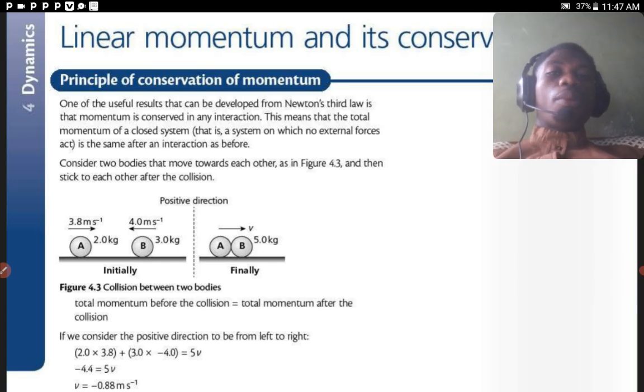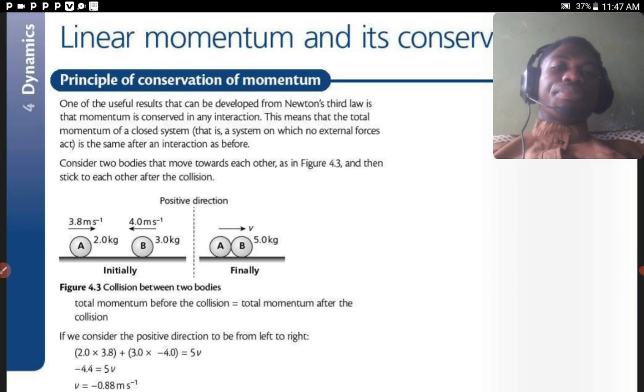So some people can state this law as such: the total momentum of an isolated system is constant. That is, for a system with no external force acting on it, the momentum is conserved, meaning that momentum before and after interaction is the same.